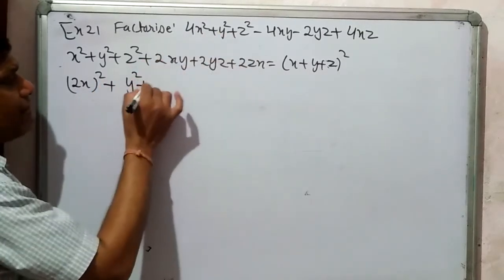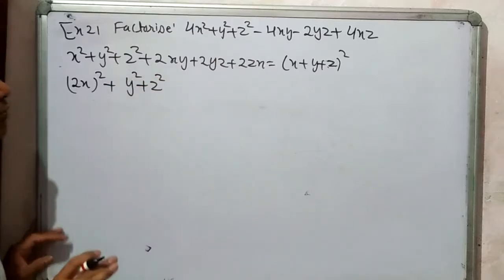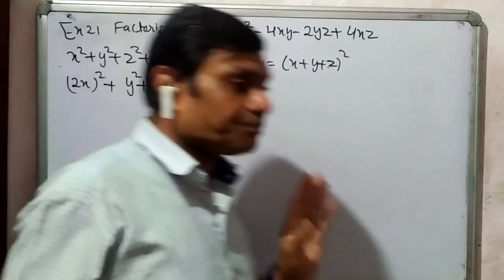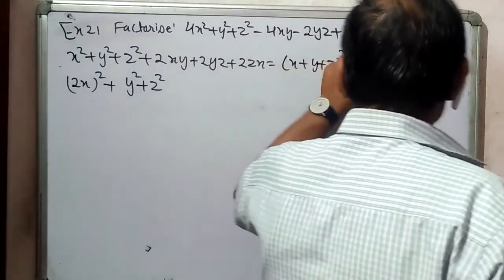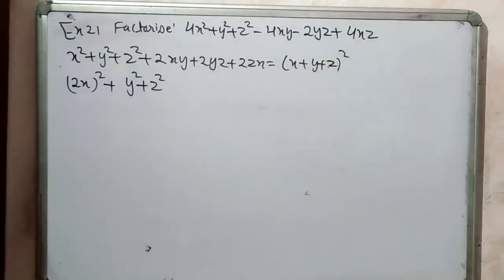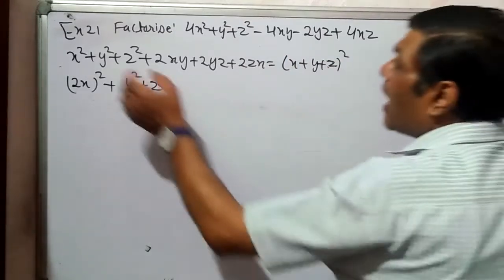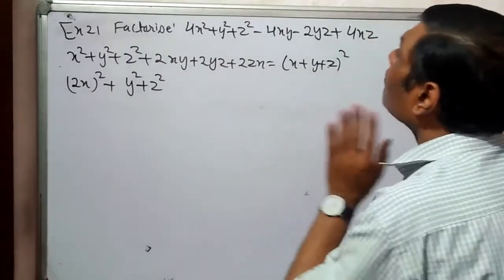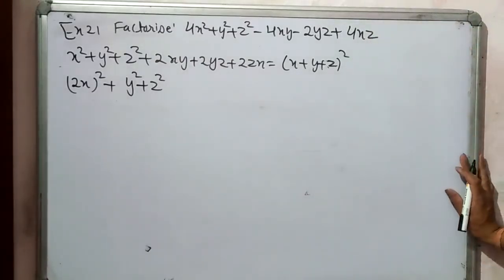In place of z we have z square. That's quite okay. Now comes a confusion thing. We have 2 negative terms and 1 positive term. We have to identify out of x, y and z which term will be negative.